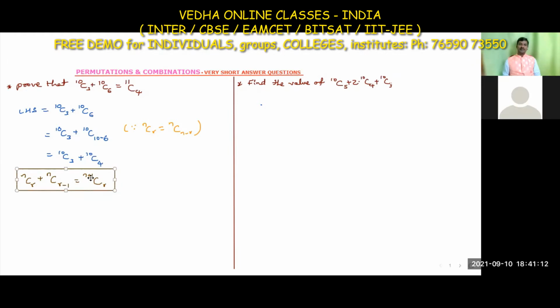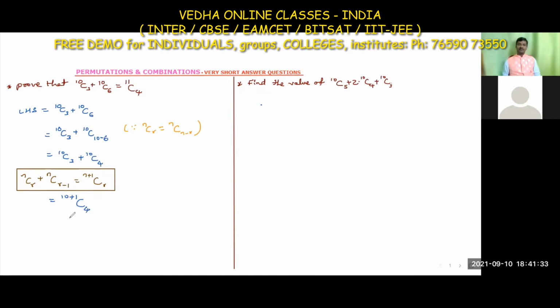Okay, if we apply this formula, 10C3 and 10C4, 10 is common in both. N value is 10, so N plus 1, 10 plus 1 C, R and R minus 1, 4 and 4 minus 1, 3. Bigger value is 4, so write the 4 here.